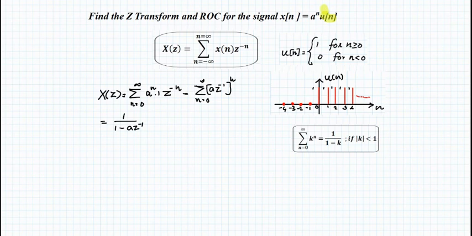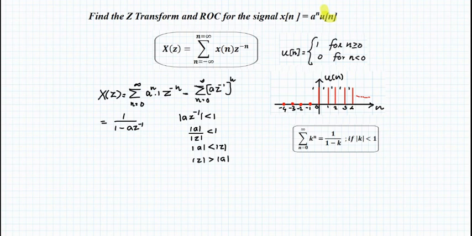So I can write in place of k, it is written as modulus of a z raised to minus 1 should be less than 1, or I can rearrange: modulus of a divided by modulus of z should be less than 1, or I can say that modulus of a is less than modulus of z, or in terms of modulus of z, I can say modulus of z should be greater than modulus of a.